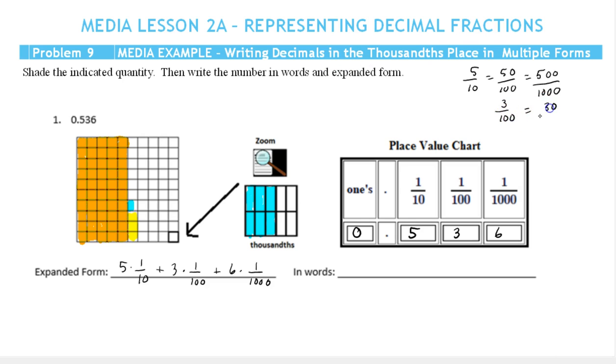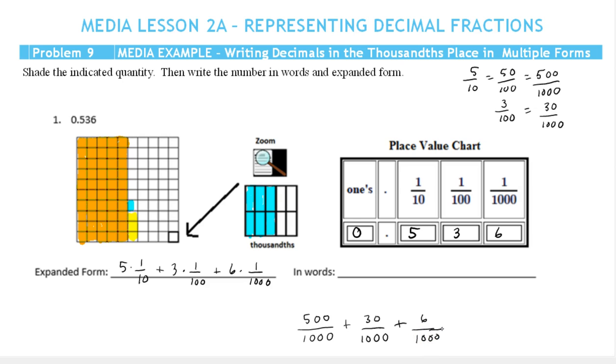Now with the 3, we can also say that 3 over 100 equals 30 over 1,000. So if we put these all together, we have 5 tenths is 500 thousandths, 3 hundredths is 30 thousandths, and 6 thousandths is 6 thousandths.